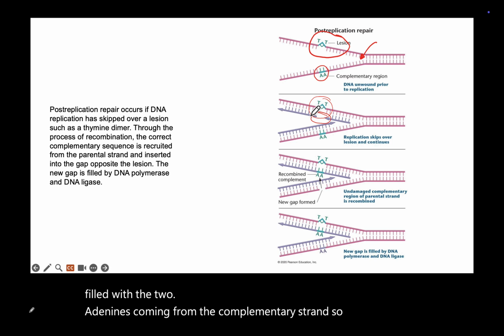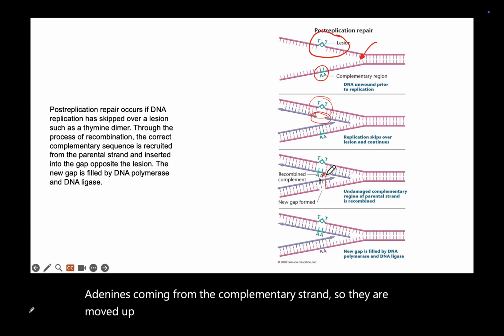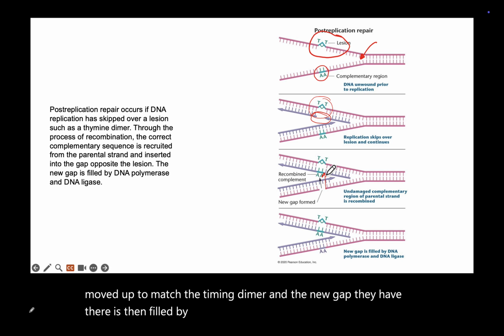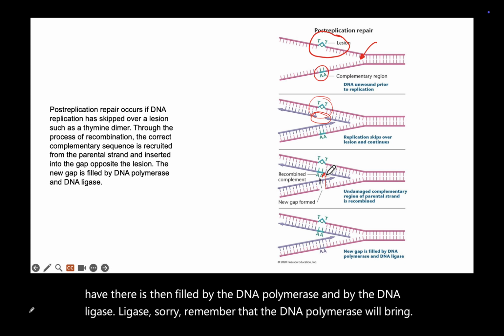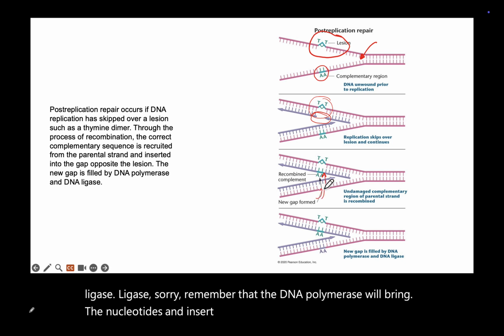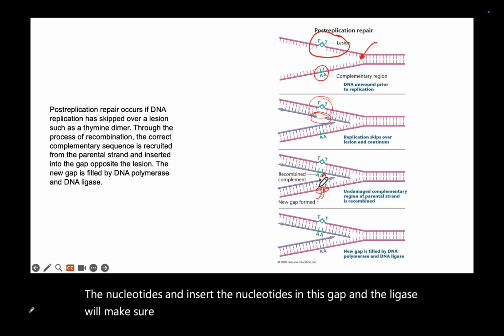So they are moved up to match the thymine dimer, and the new gap that you have there is then filled by the DNA polymerase and by the DNA ligase. Remember that the DNA polymerase will bring the nucleotides and insert them in this gap, and the ligase will make sure that everyone is bound together, is linked together.